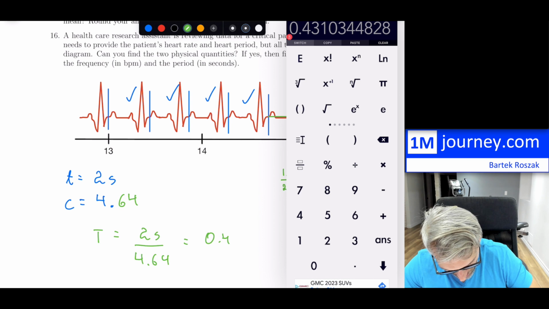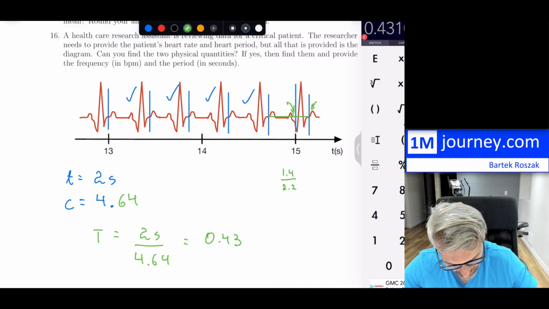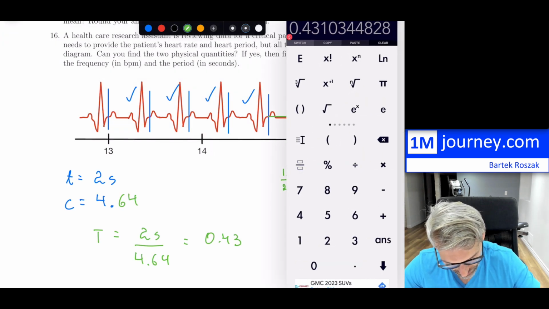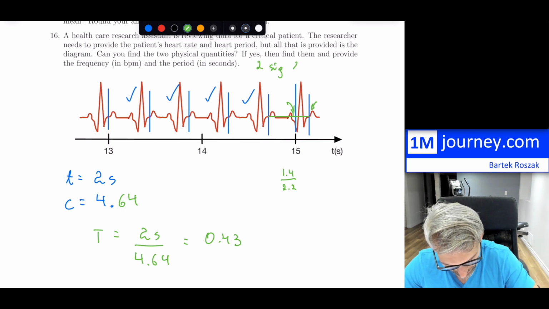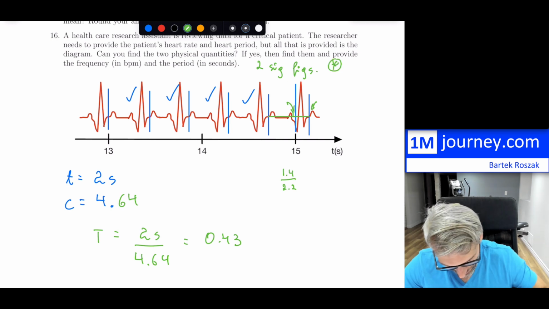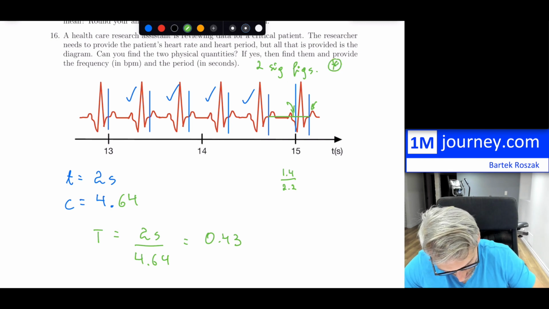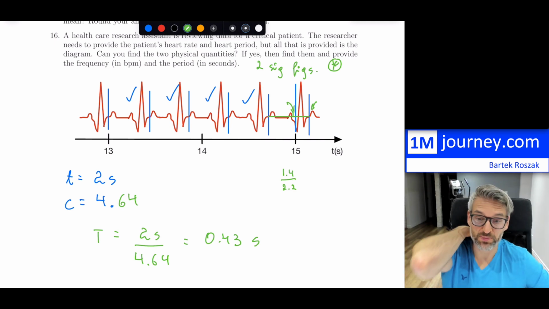So this is going to be approximately 0.43. Let's round this to 2 sig figs, rounding. And for that, it's going to be seconds.